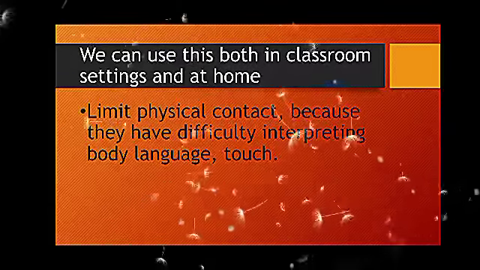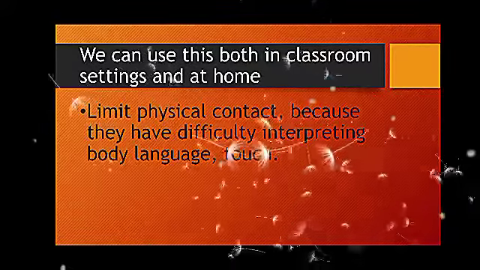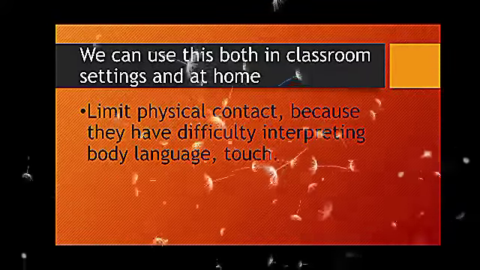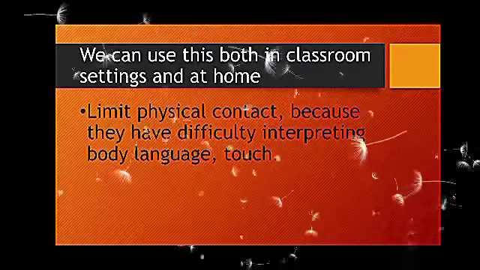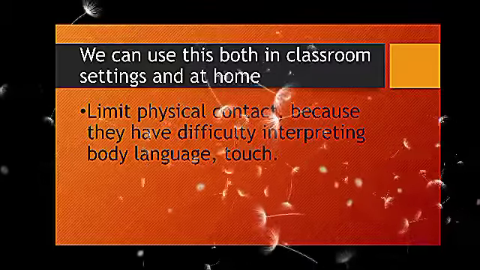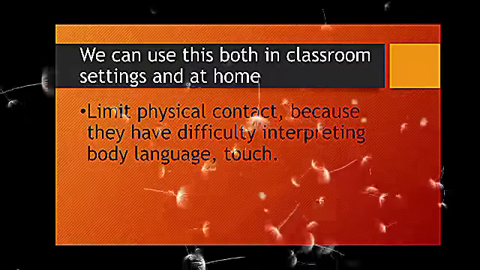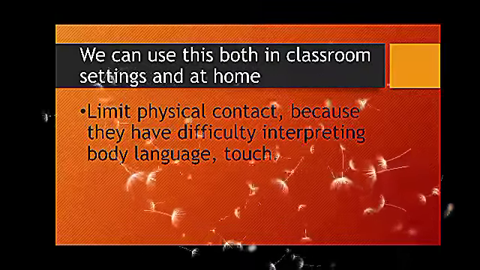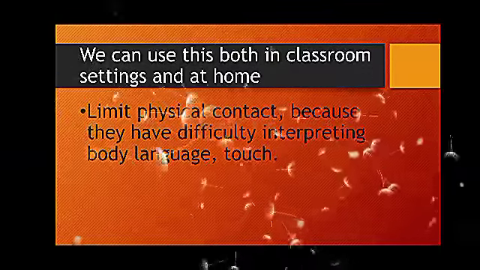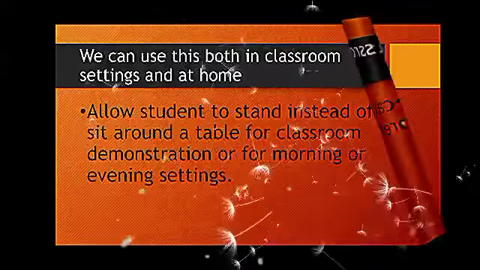So we will not use any type of touching or any communication in a physical manner. We will use short instruction techniques, the picture method, the graph method, but we will not use any type of body language.